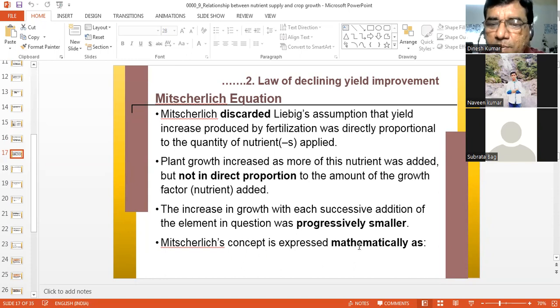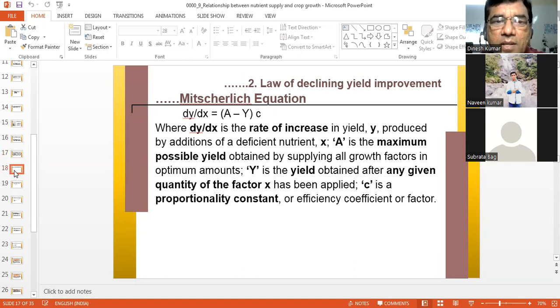Mitscherlich's concept is expressed mathematically as dy/dx = (A - y) c. Where dy/dx is the rate of increase in yield, the change in yield due to a unit change in x, the y produced by addition of a deficient nutrient x. X is the level of nutrient.